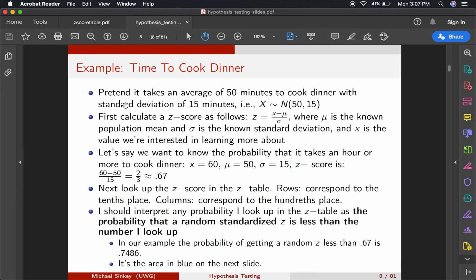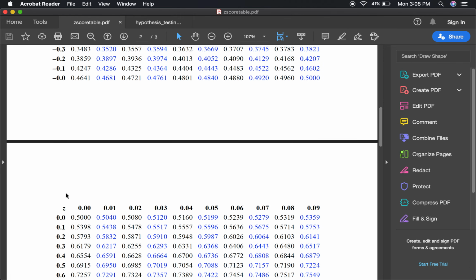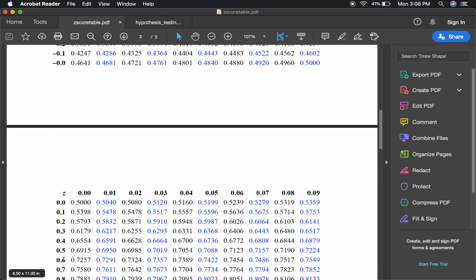Okay, so how do I use the z-table? Here is my z-score, 0.67. The rows of the z-table, this is important, correspond to the 10th place of the z-score. So I go to row 0.6.